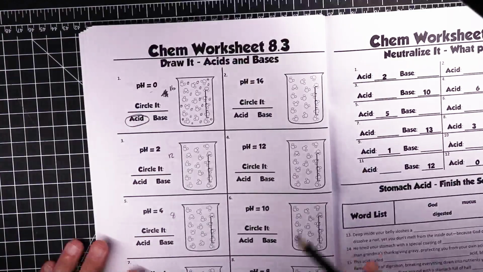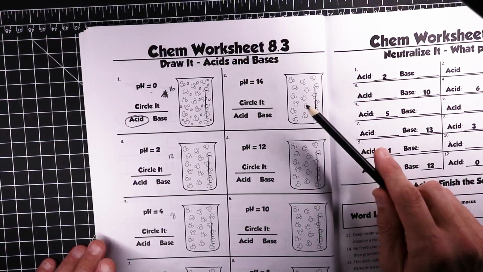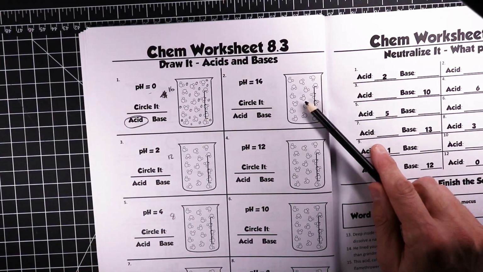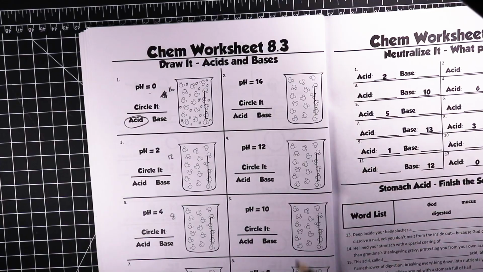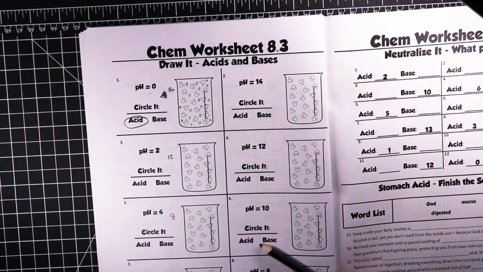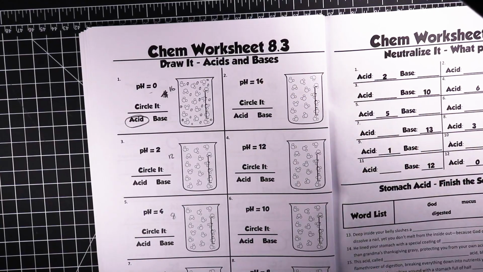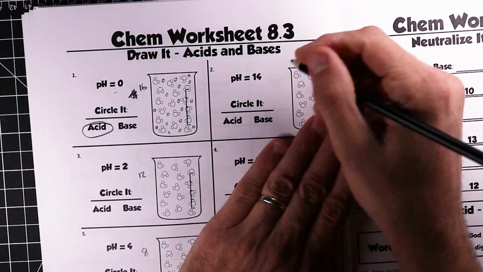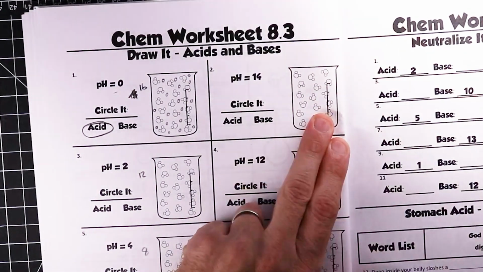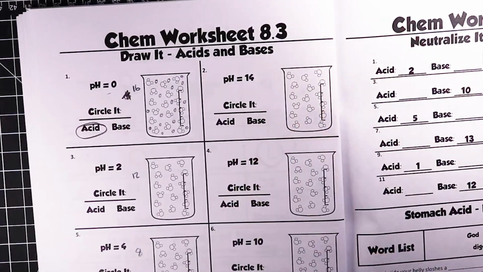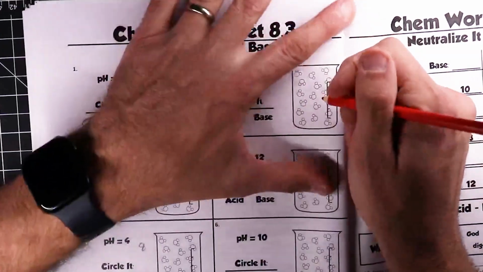Now, let's go to the bases, and we get the exact opposite, but it's the same, but it's the opposite with the pH. As my pH drops to 7, my hydroxide ions are going to drop. So, now I'm going to draw 16 hydroxide ions. This is going to be really hard.